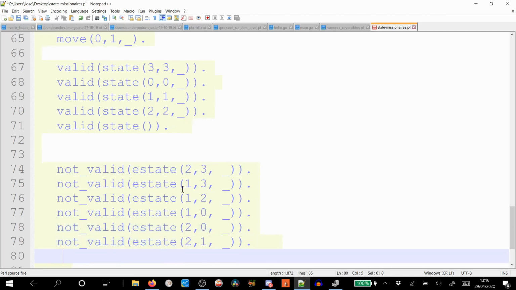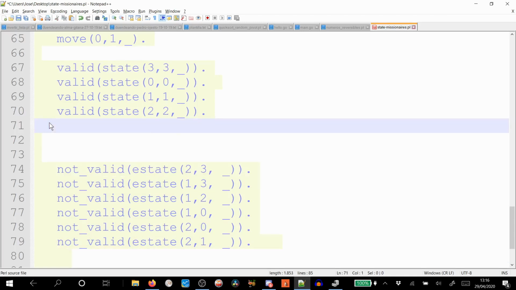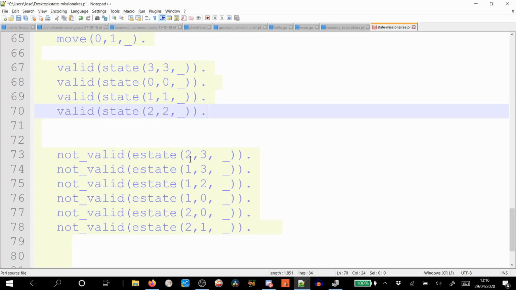It's not valid because here there are more. On the left, 2 and 3 means there will be more cannibals. Here there is one more. It's not valid. One more. It's not valid. I think that's all.